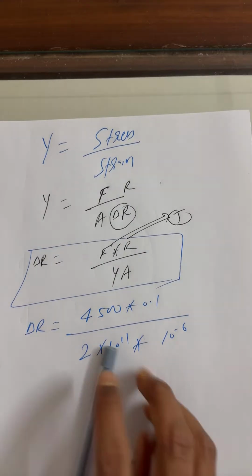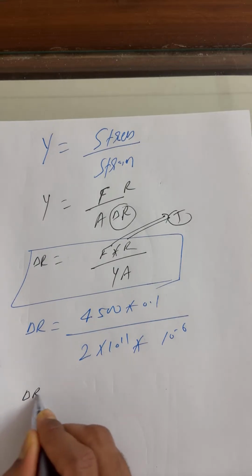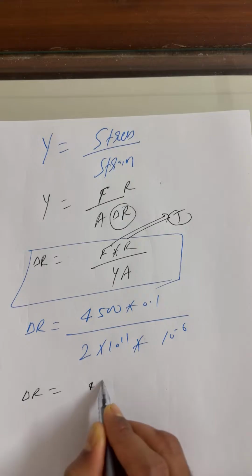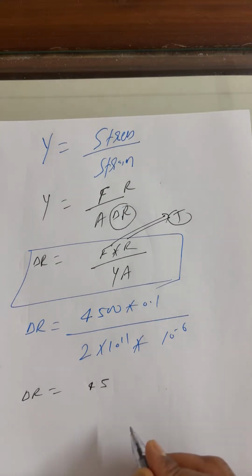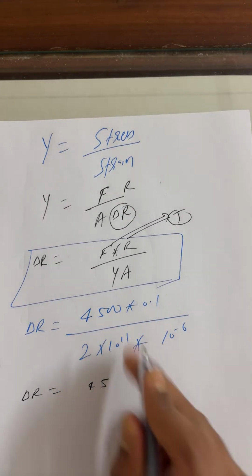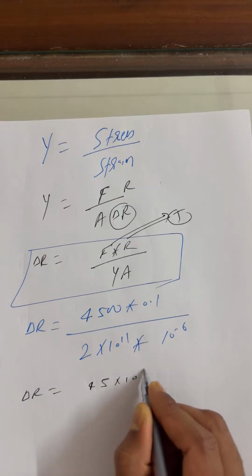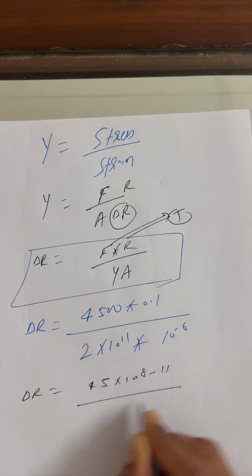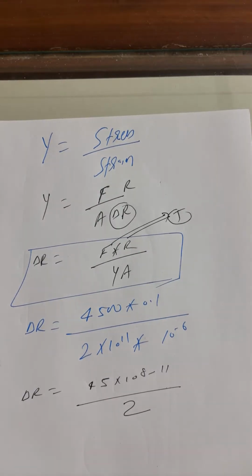Just do the further calculation here. Delta R you can write as 4500 into 0.1 into 10 to the power 6 divided by 2 into 10 to the power 11.